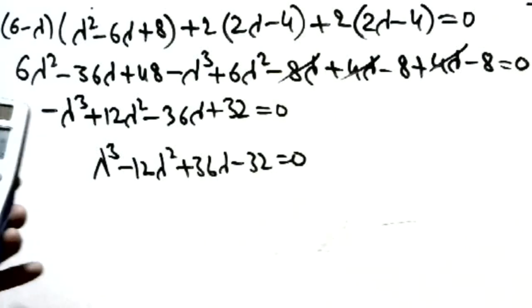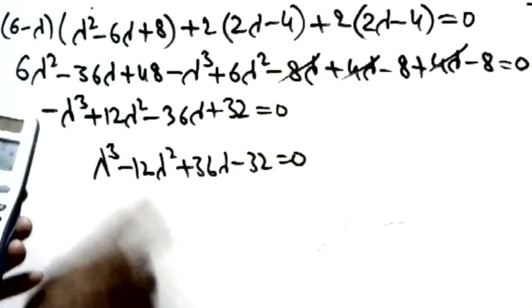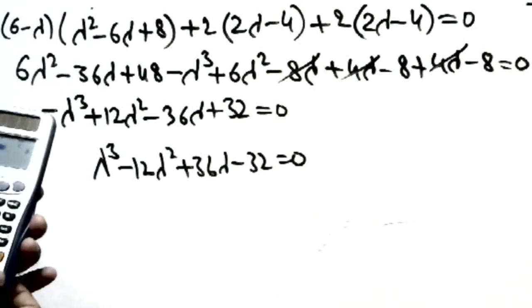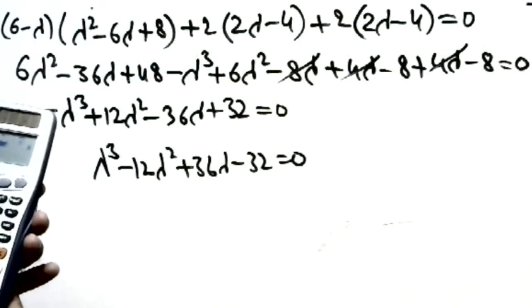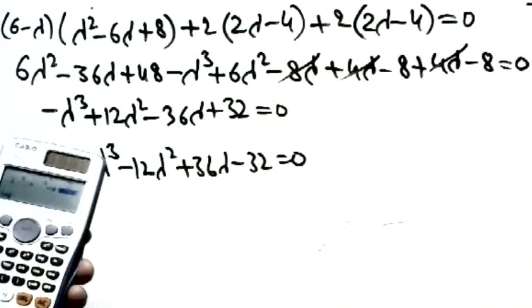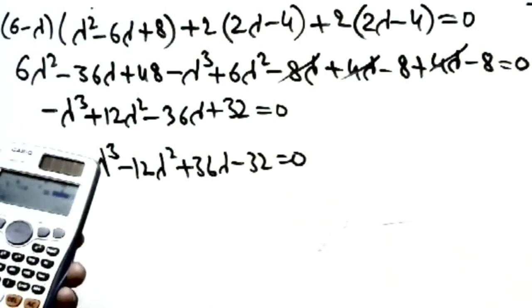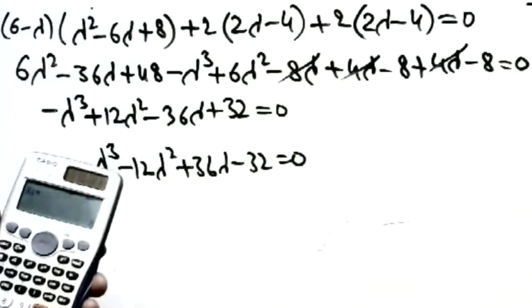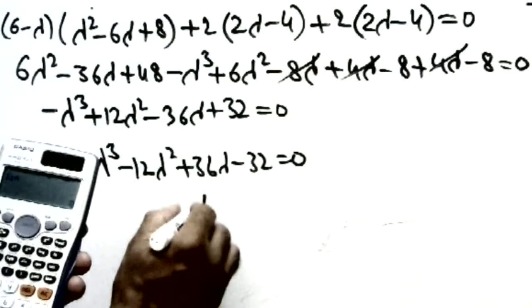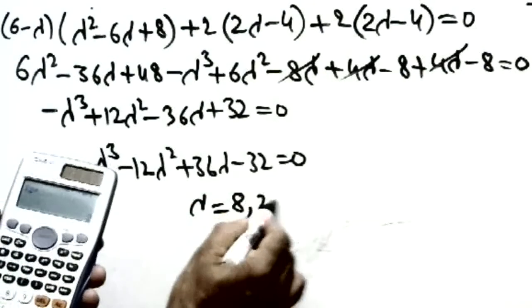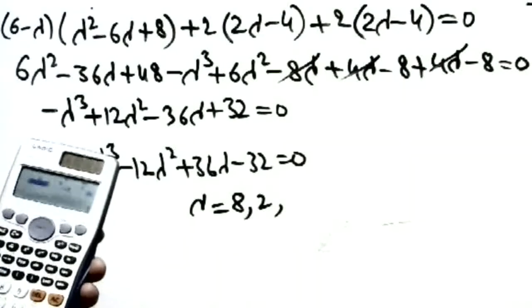The first is 1, equals; the second coefficient is minus 12, equals; next 36, equals; next minus 32. So we get the values. The first value is given as lambda equals 8, the second value is 2, and the third value is not given.